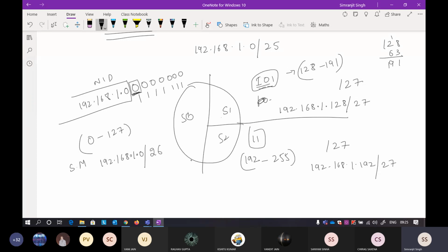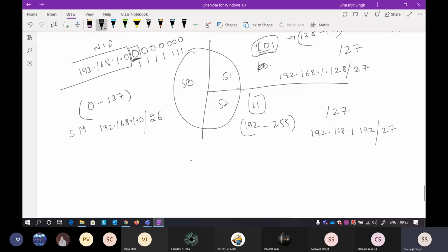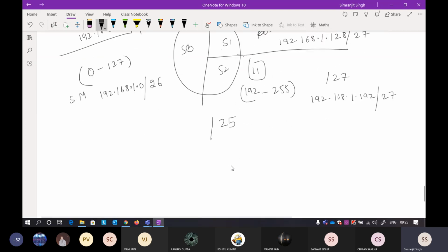If I write this out, if I start with slash 25, I will be able to divide it into 2 parts. The first part is slash 26 and the second part is also slash 26, but I can divide this part further into slash 27 and slash 27.